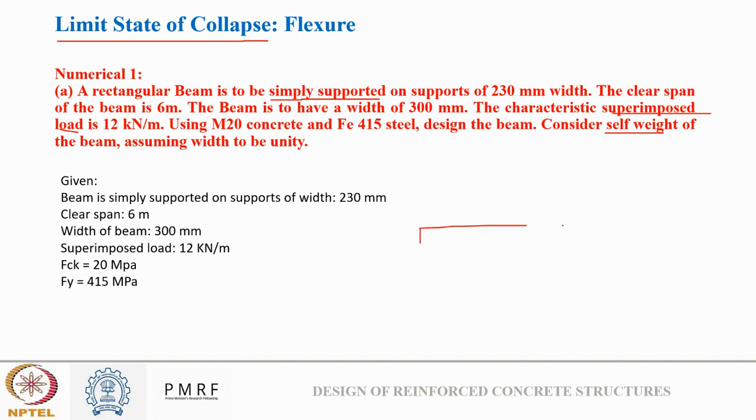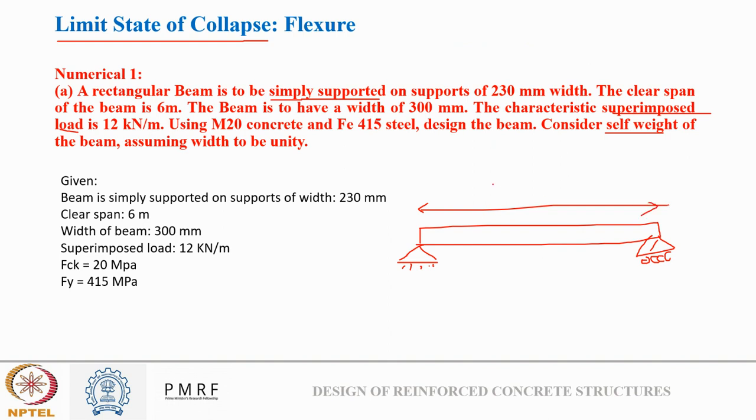So how this beam is looking, if I can show you. This is a simply supported beam at the corners. The clear span of the beam is given as 6 meter. And there will be some width of support also that we need to consider.